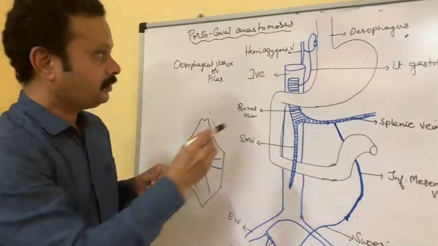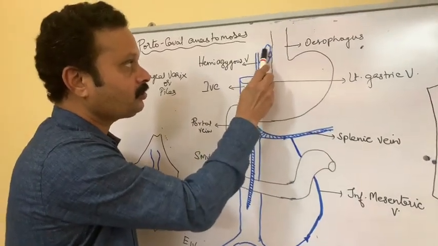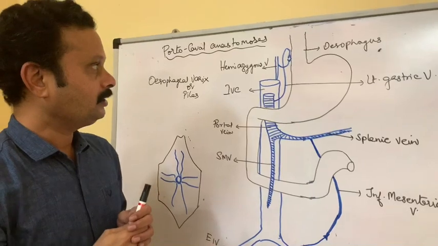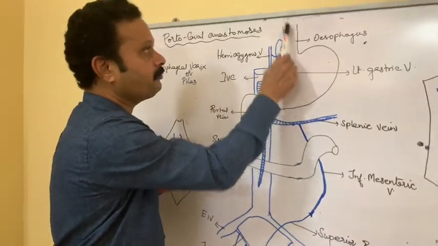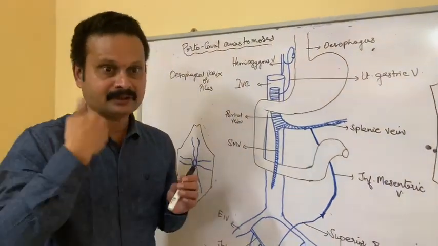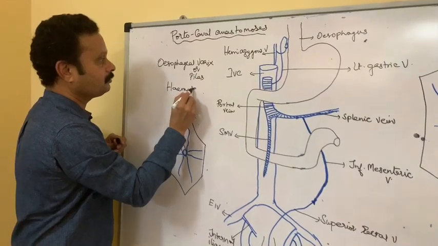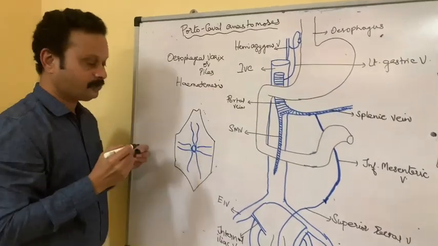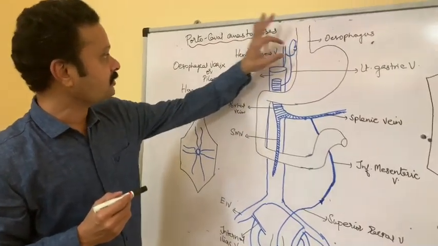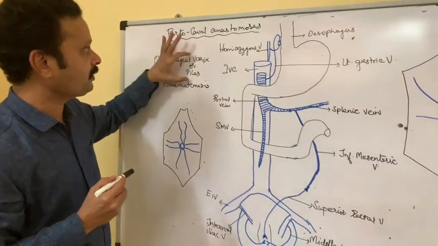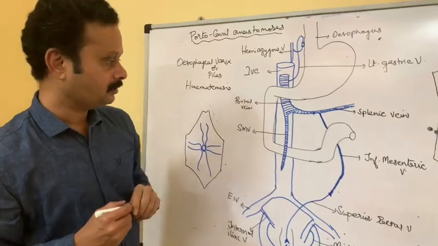That means in case of portal obstruction, these anastomotic veins get engorged and sometimes may rupture, resulting in emesis of blood from the esophagus, that is called hematemesis, which may prove fatal. So this anastomosis is concerned with the formation of esophageal varices when there is portal obstruction. This is number one site.